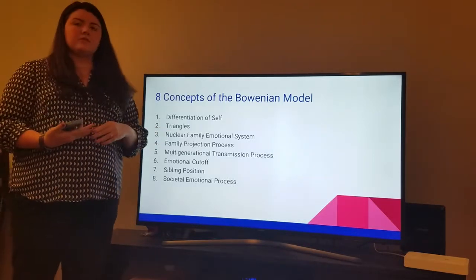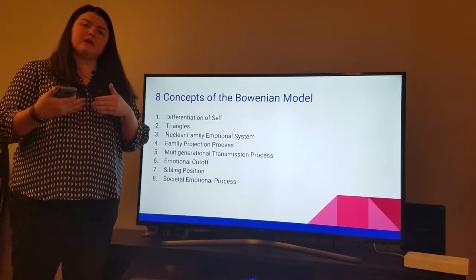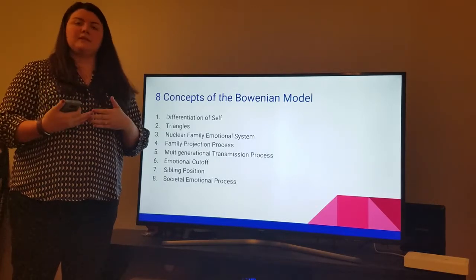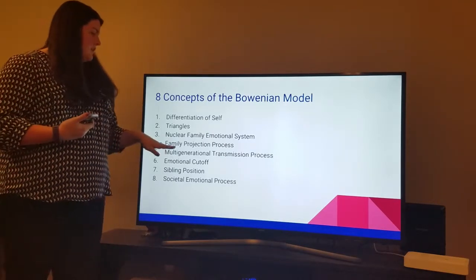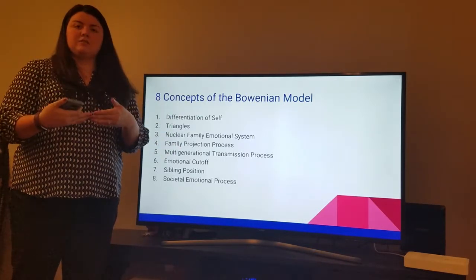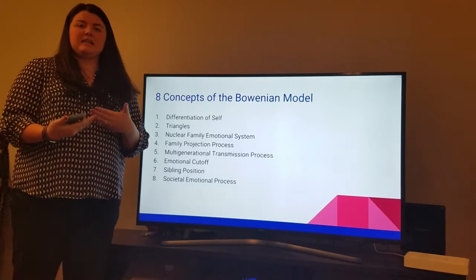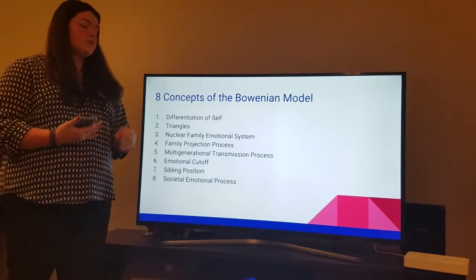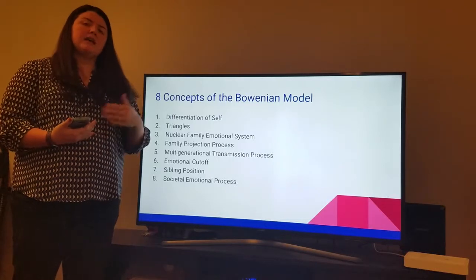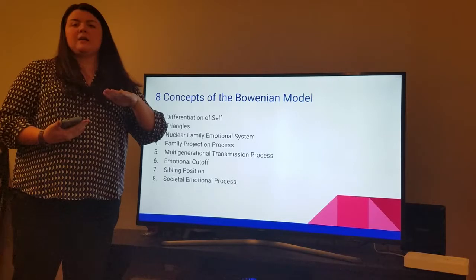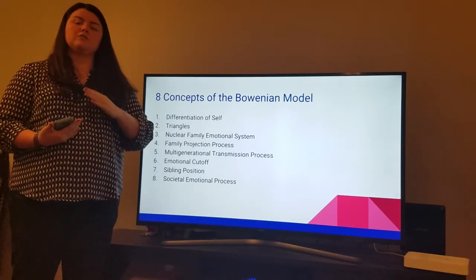The nuclear family emotional system: the development of social and emotional processes within the family system. The family projection process: how the family continues to aid in the development of issues within the family. The multi-generational transmission process: this is where we see the grandparents' patterns carry over to the parents, to the children, and to the children's children.